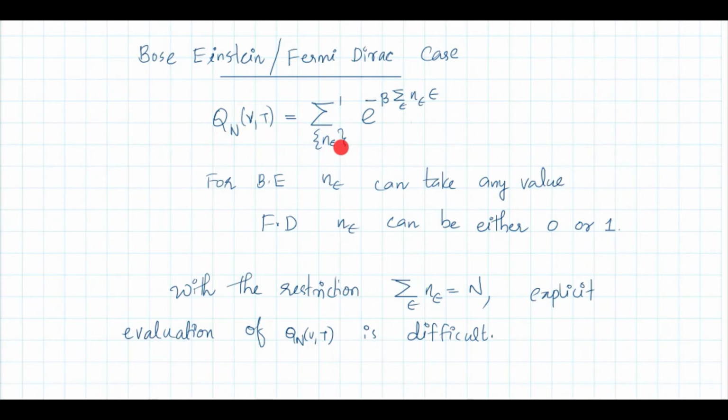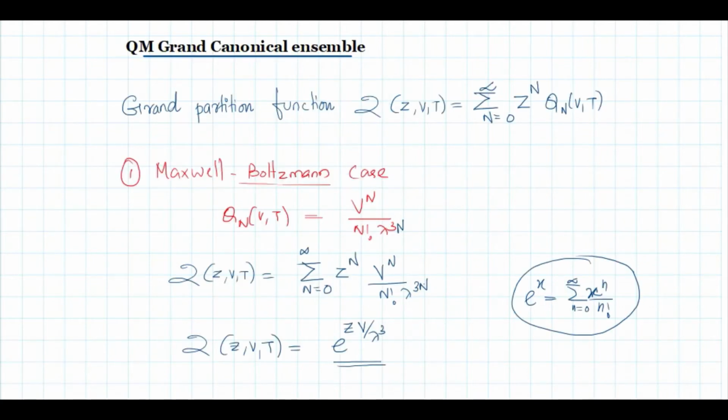So what is the advantage of the grand canonical ensemble? That was a question, and one of the answers is in this problem. Here the evaluation of the canonical partition function is very difficult, but we can see in the next session that the evaluation of the grand partition function is very easy, and we can derive the entire thermodynamics using the grand partition function. That is the idea.